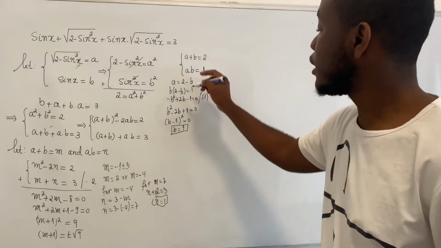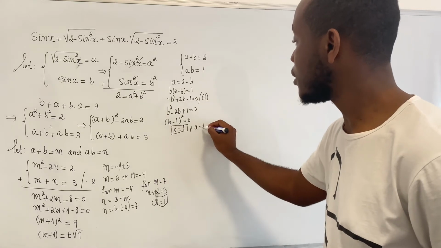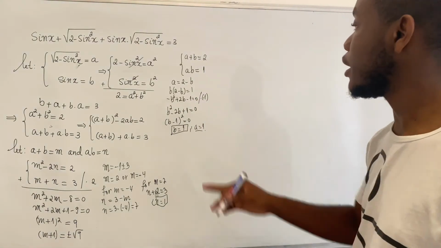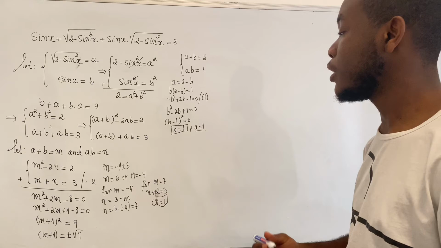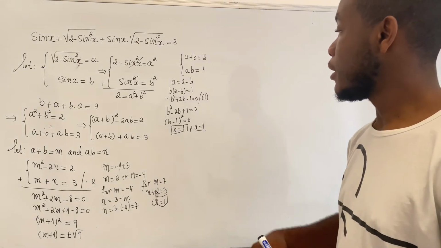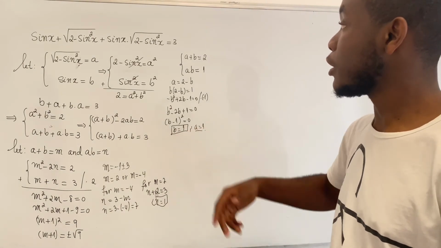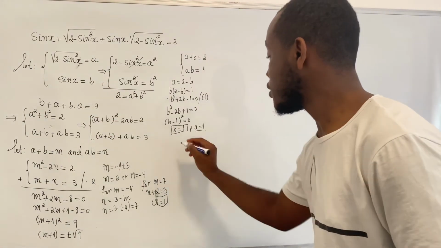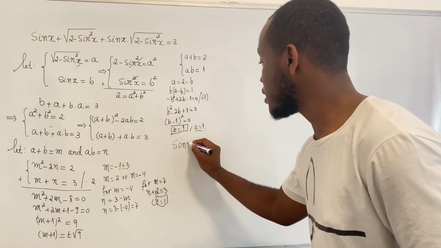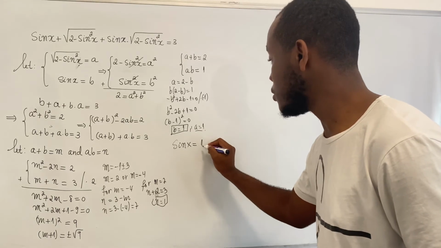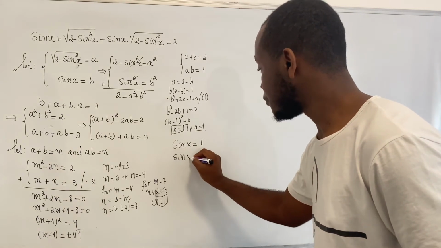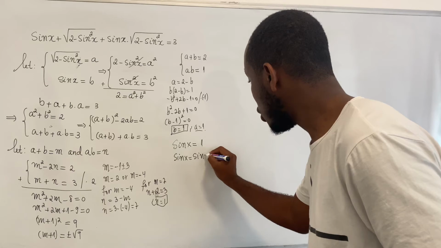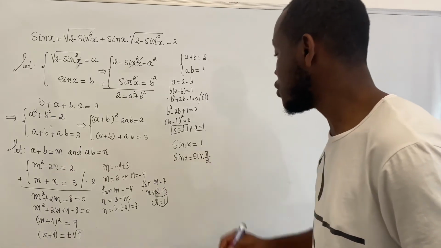If b is 1, then a is 1, because if we substitute here, we get 2 minus 1, which is 1. So having b equal to 1 and a equal to 1, we can replace wherever we want, but here is easier. We have sine x equal to b, but b is 1. So sine x is equal to sine of pi over 2, which is 90 degrees.